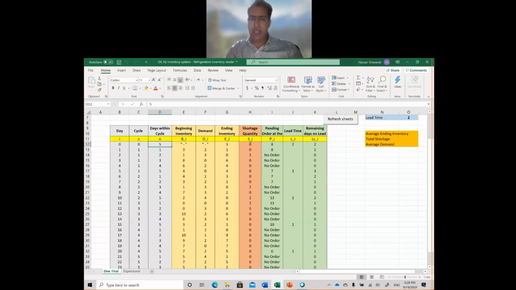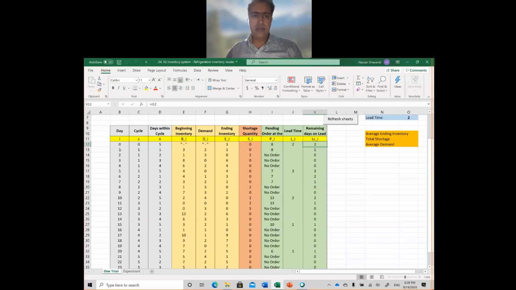There is no beginning inventory for this day because we assume that we are at the end of the day, and the ending inventory is assumed to be 3 here. There is no shortage by the assumption of the problem, and there is a pending order. The order size is 8, the lead time of this order is 2, and the remaining days on lead time is still 2. So let's start the first cycle.